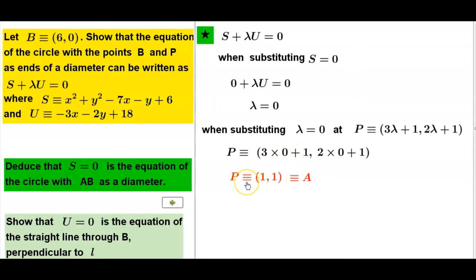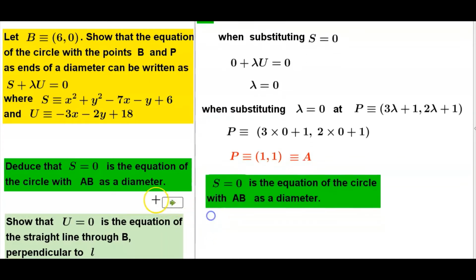Therefore now point P becomes point A. In the previous equation, S plus lambda U equal to 0 is the equation with diameter B and P. Now in this situation, point P became point A when lambda is equal to 0, and therefore S is equal to 0.